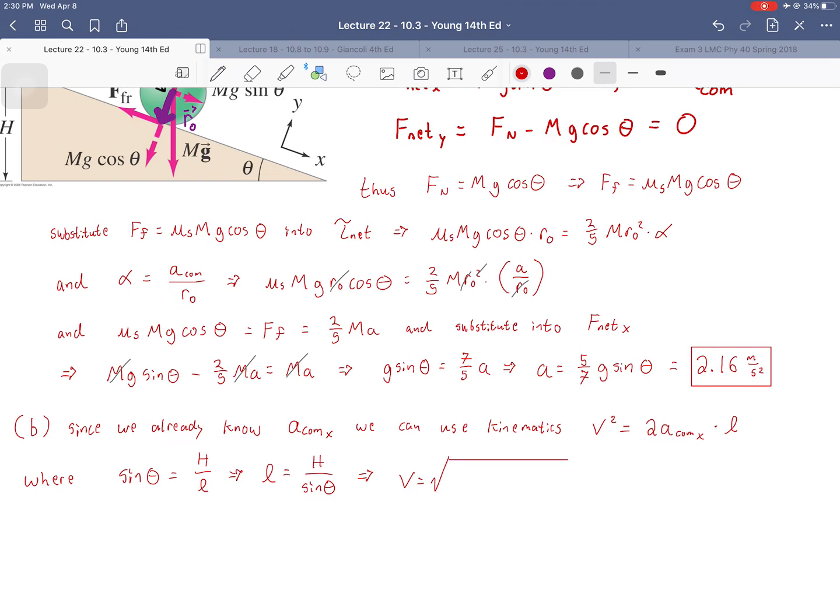And so then v is going to be the square root of 2a. So it's going to be 2 times a, which is 5/7 g sine theta, and then we'll multiply that by h over sine theta.